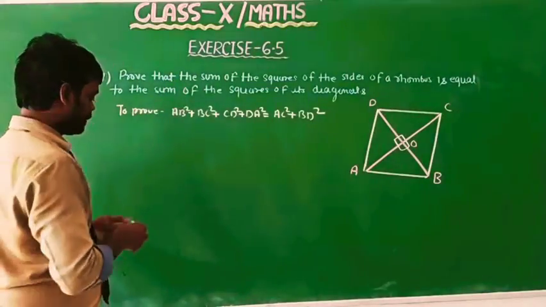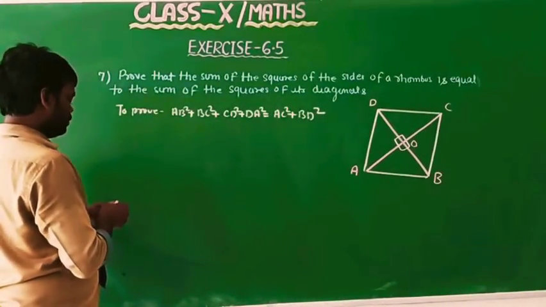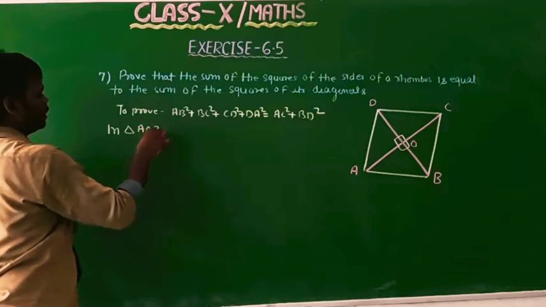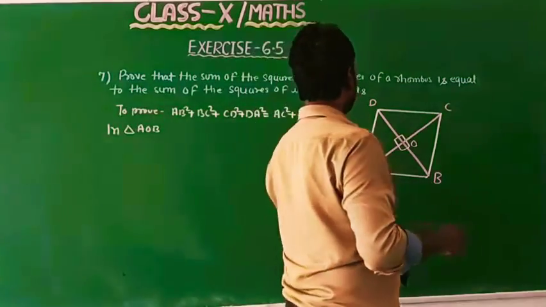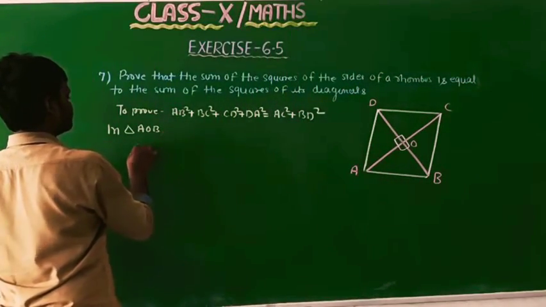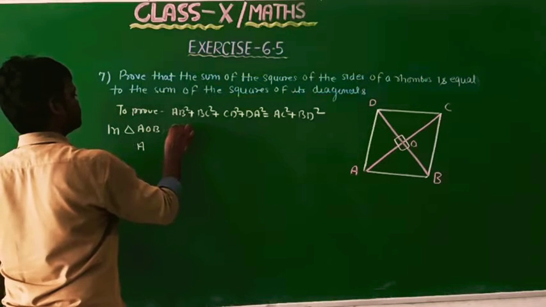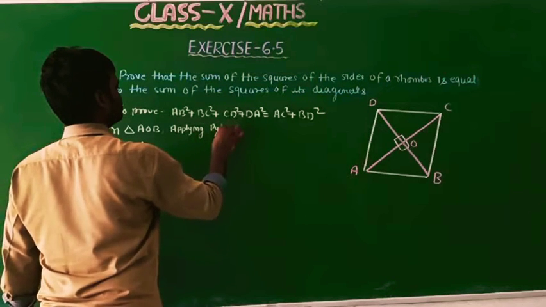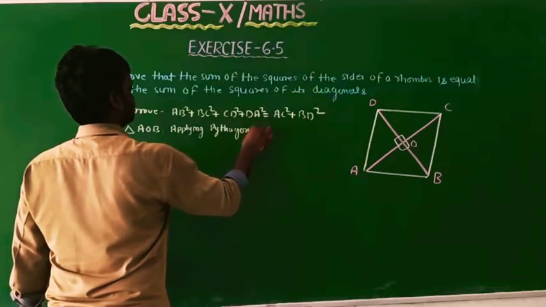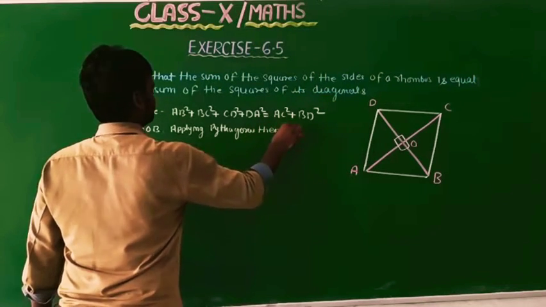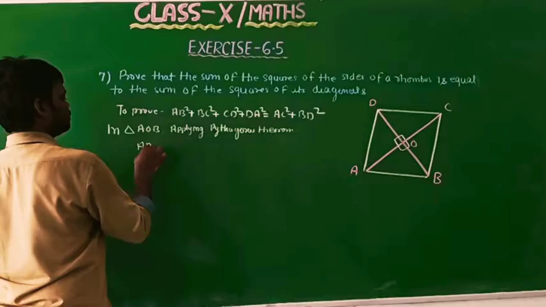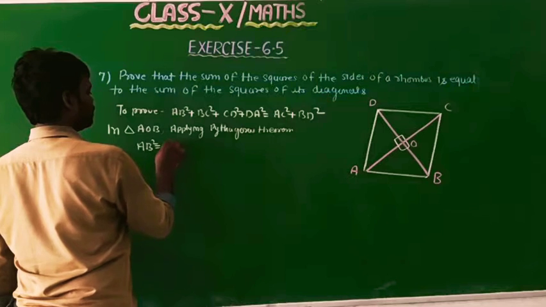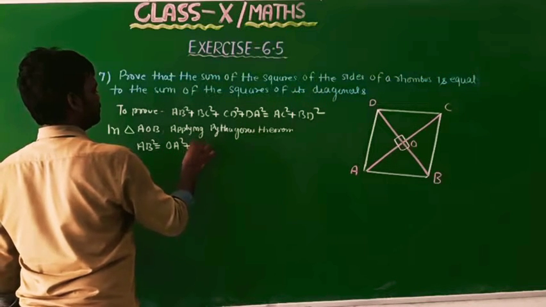Now consider triangle AOB. In triangle AOB, applying the Pythagoras theorem, we get AB square equal to OA square plus OB square.